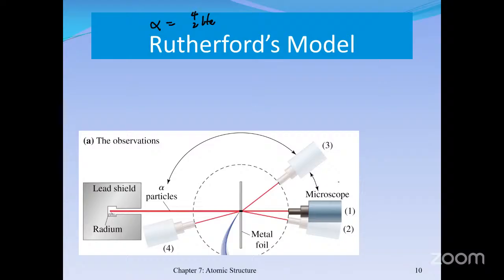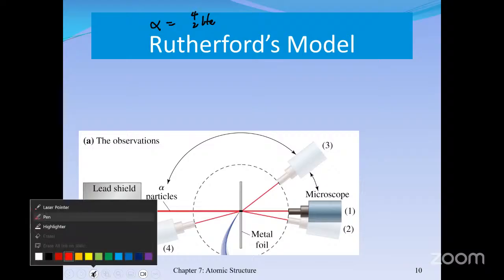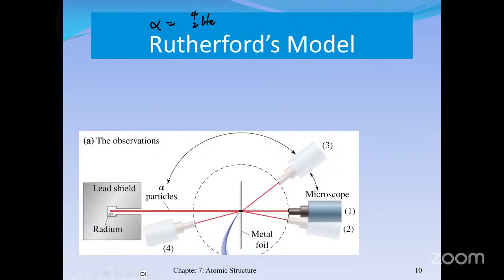What Rutherford discovered, however, was that the vast majority of alpha particles pass right through the foil.